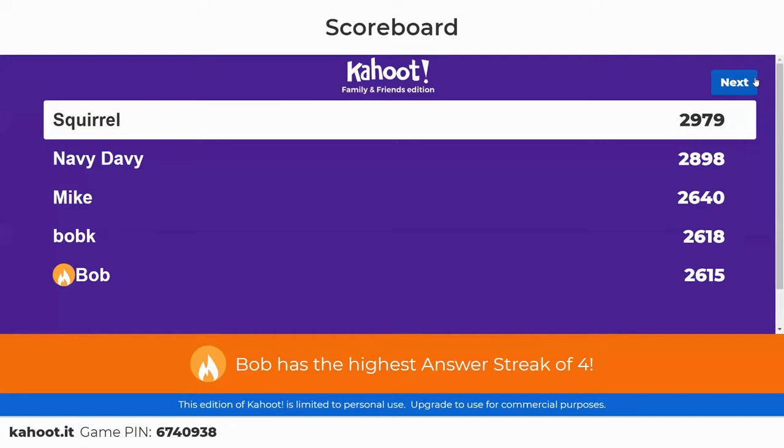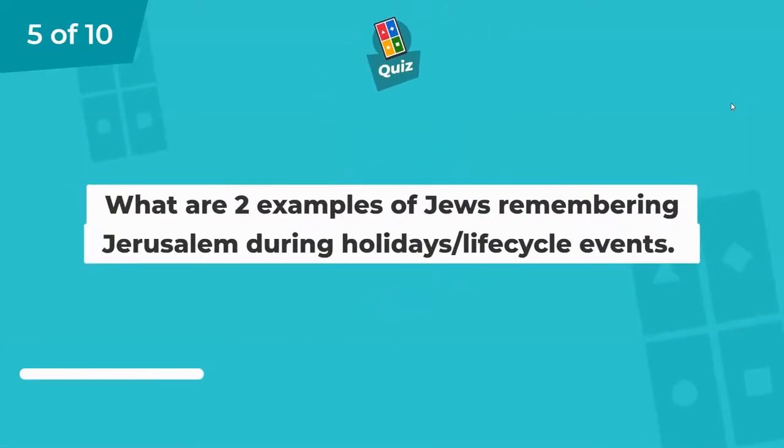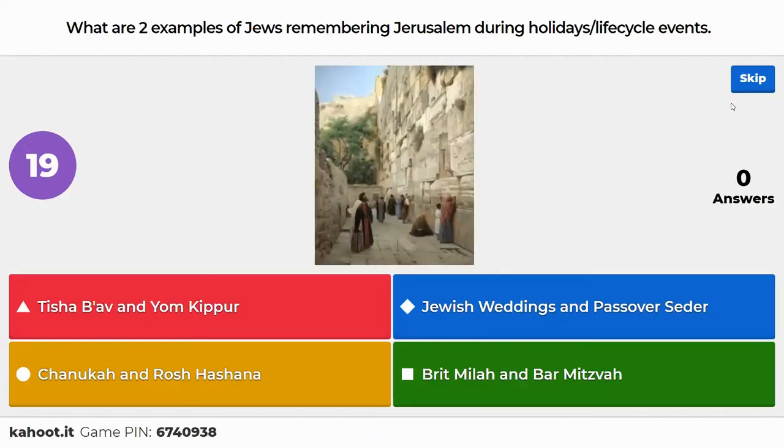Let's see how we're doing. The ranking still looks good. Bob has the highest answer streak, four. Woo! I think a few of us do, but Bob still gets it. Let's go to the next question: what are two examples of Jews remembering Jerusalem during holidays and life cycle events?